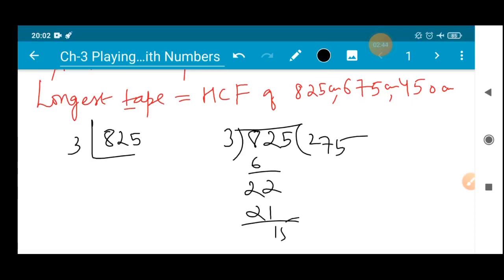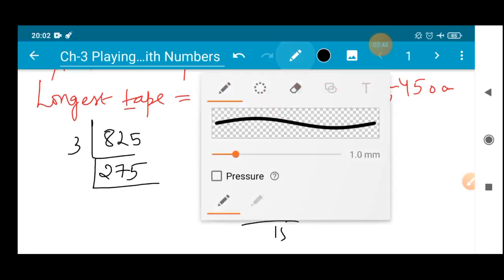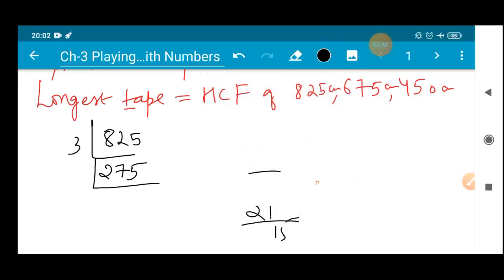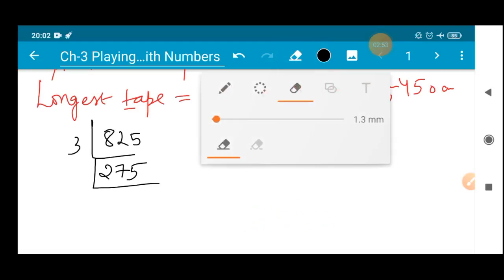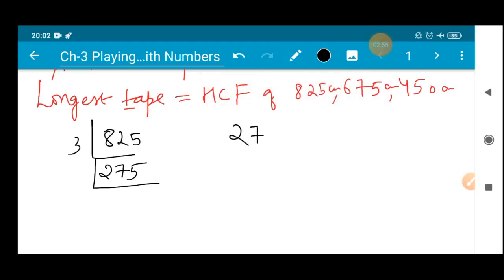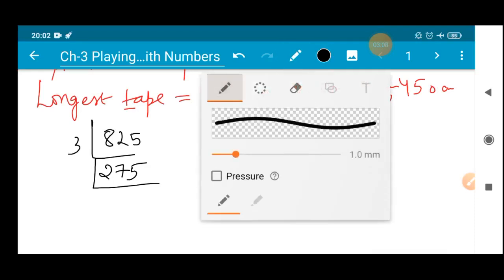So it is 3 into 275 is 825. Next, 275 divided by 3. 3 9s are 27. No, it's not possible because here we are getting 5 as a remainder, which cannot be divided by 3. So let's stick with 5.